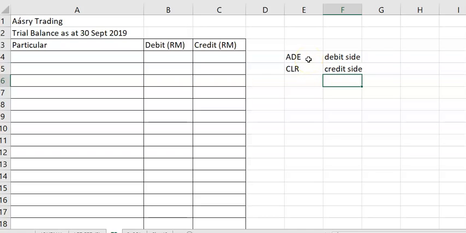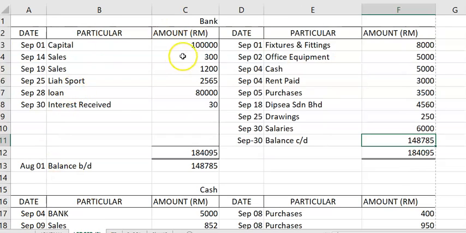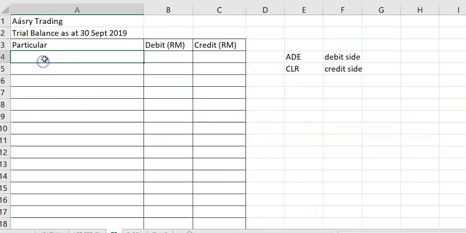Okay, let's have a look at your ledger. The first of your ledgers is the bank account, right? So in your trial balance, you will put the name of the account, bank, cash at bank, or the money in the bank, which is your asset, right? It's a current asset.